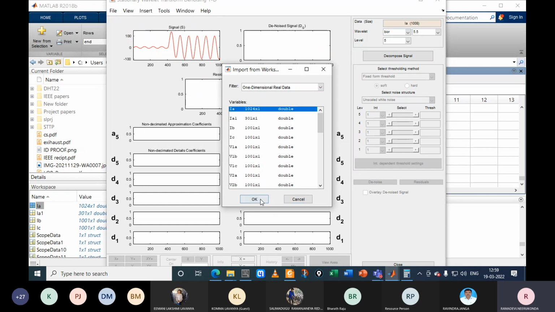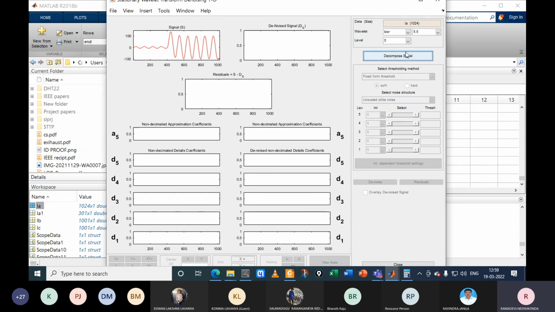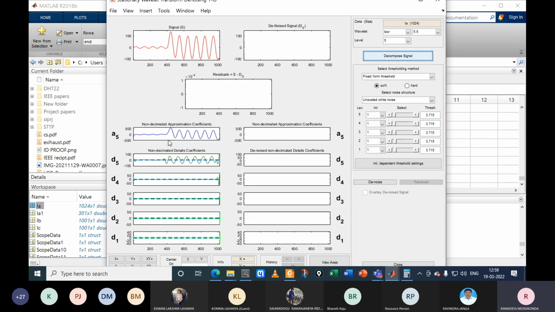Now load the signal and then decompose the signal. So this is the decomposed signal. Here we require only certain values for denoising the signal. Here noise is not there, because of that, any detail level coefficients corresponding to these levels.